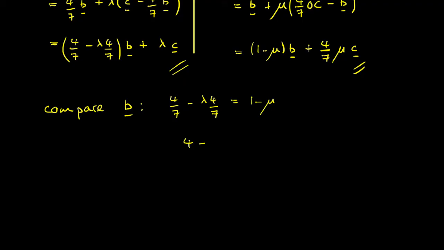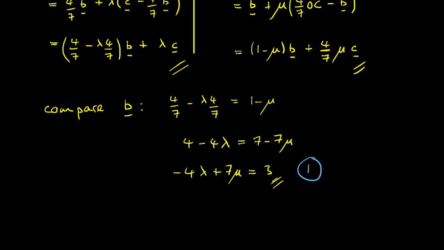So we get 4 minus 4 lambda is equal to 7 minus 7 mu. And I will add the 7 mu to the left-hand side. So we get minus 4 lambda plus 7 mu is equal to 3. Okay, so I'll call that equation 1.